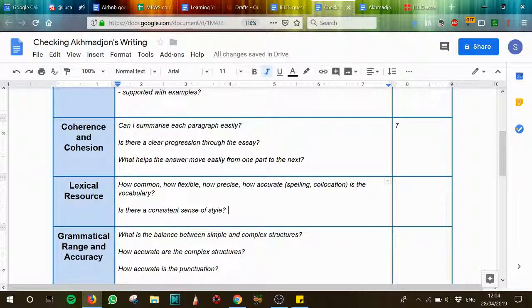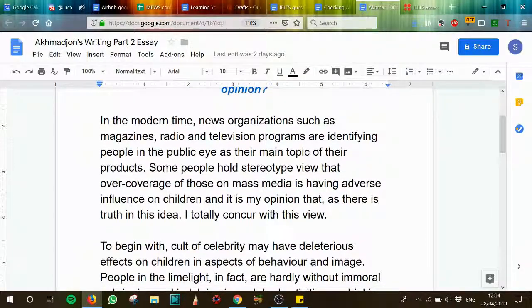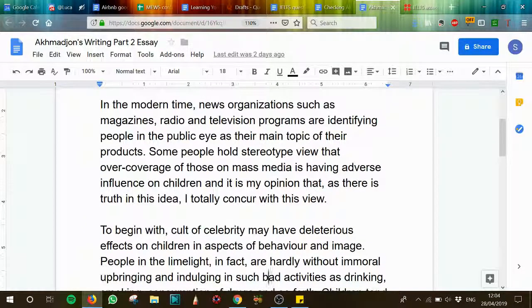And secondly, this question about a consistent sense of style. Now, this is quite a tricky thing to do in the essay. Basically, it means that you're using vocabulary that is always of the same register. So it means that there is a theme in your vocabulary, and it's either very formal or informal.